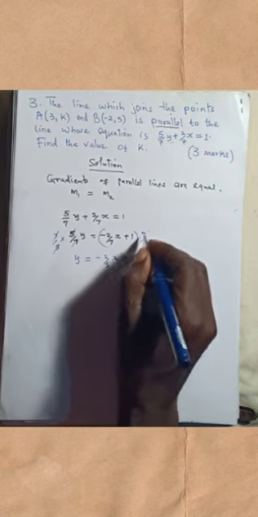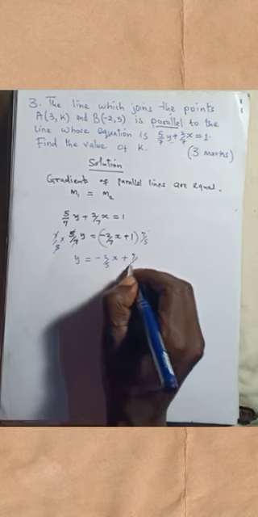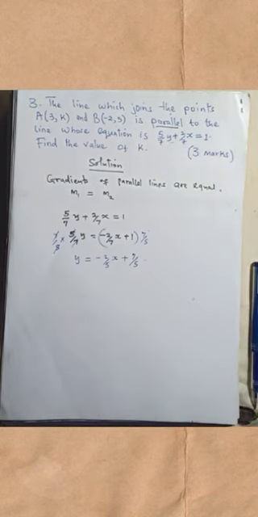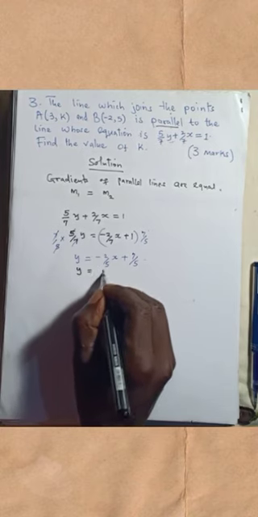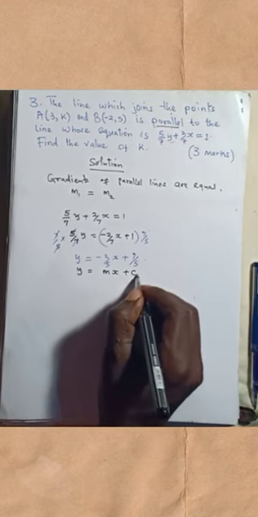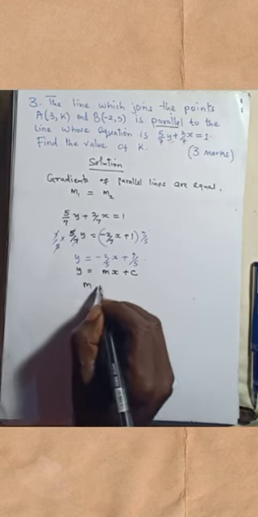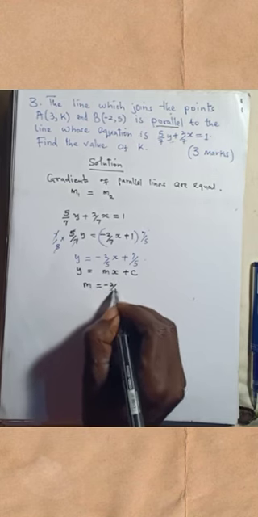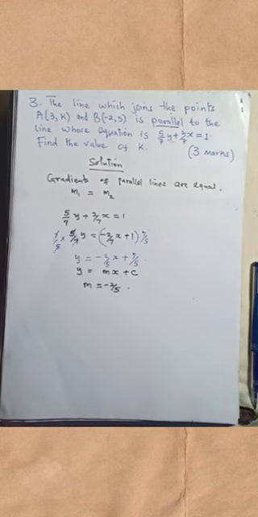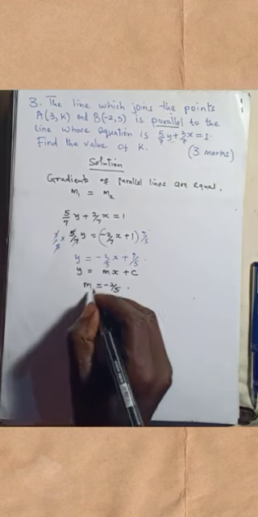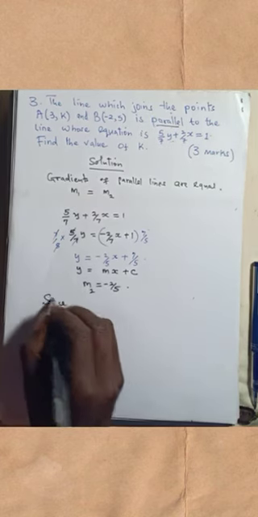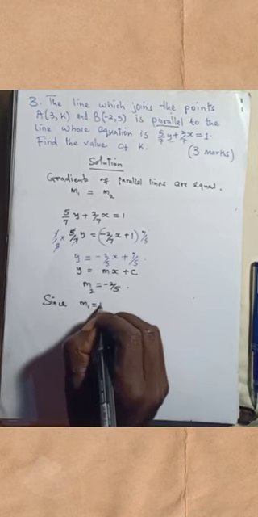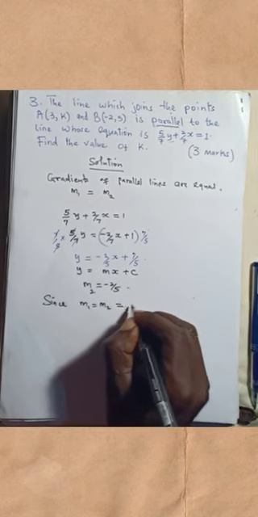Then plus 1 times 7 over 5, you get 7 over 5. So we've written this equation in the form y is equal to mx plus c. So the gradient here is equal to negative 2 over 5. Since, let's say this one is our m2, and the gradients are the same, that is m1 is equal to m2, therefore it is just equal to negative 2 over 5.